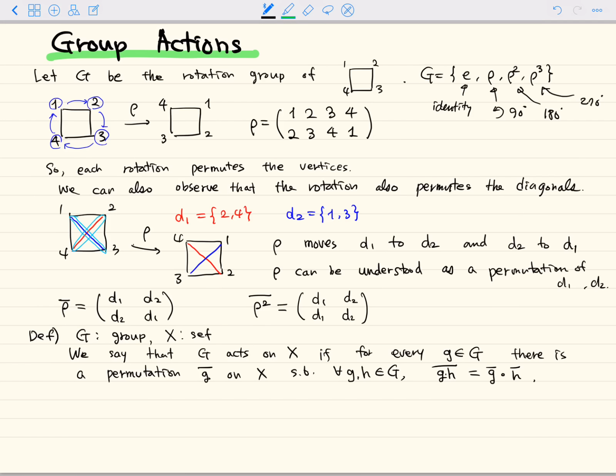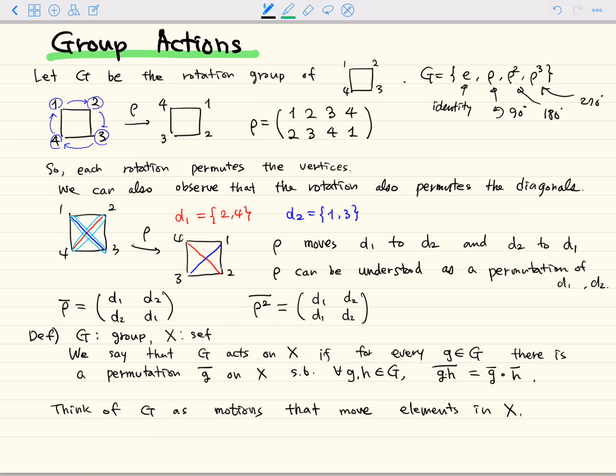I want you to think of G as motions, like rotations or reflections, something like that, that move elements in X. So a group element is a motion, and the elements in X are the objects that we move using this motion.